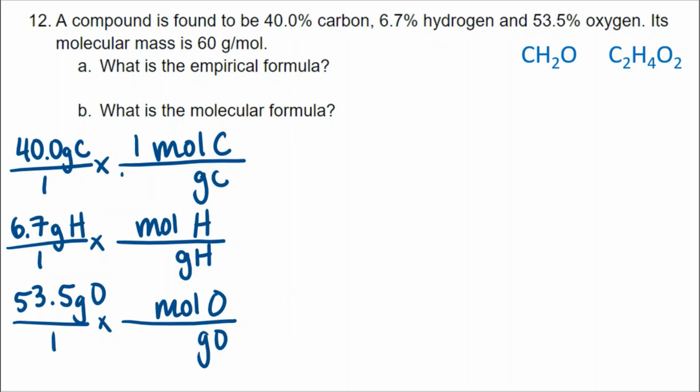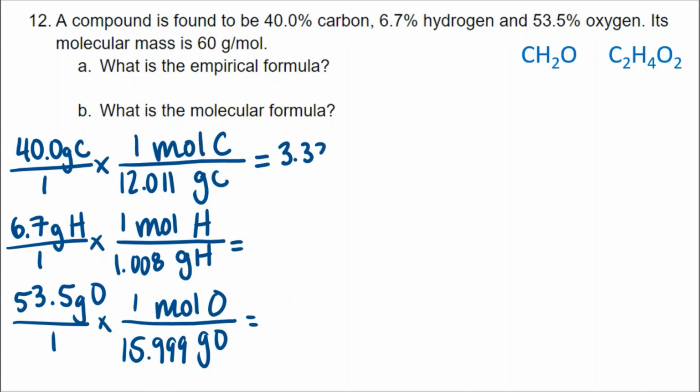So 1 mole of carbon weighs 12.011 grams. That's just from the periodic table. 1 mole of hydrogen is 1.008 grams, and 1 mole of oxygen is 15.999 grams. So I'm going to go ahead and solve and get my answer in moles for all 3 of these elements here.